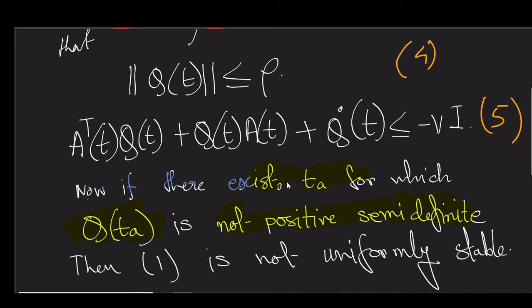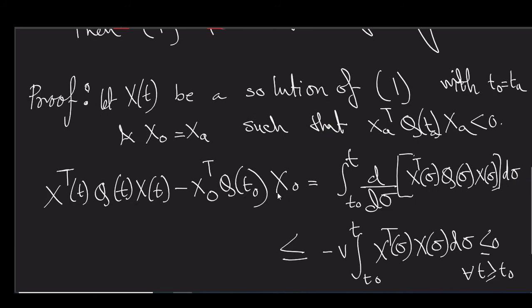So here what we can prove is that, let x(t) be a solution of 1 with t_0 equal to t_a, such that this is the case where Q(t_a) is not positive definite or positive semi-definite.